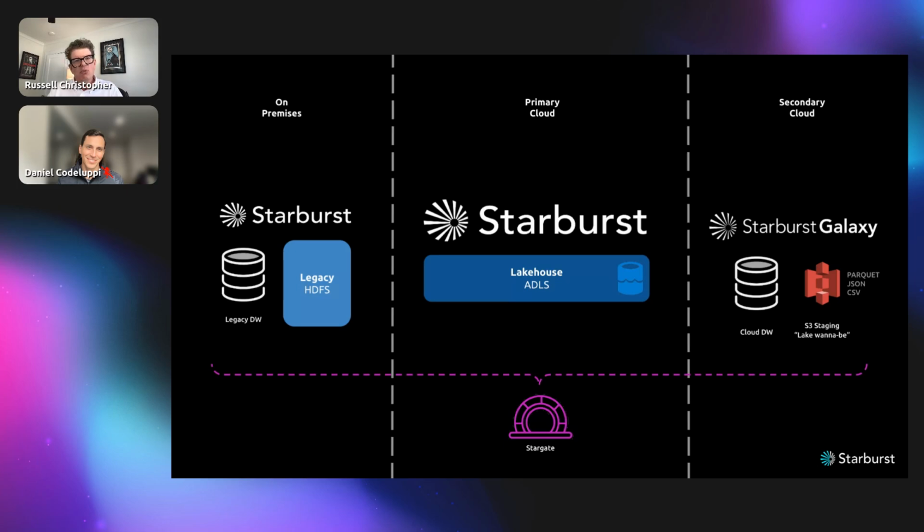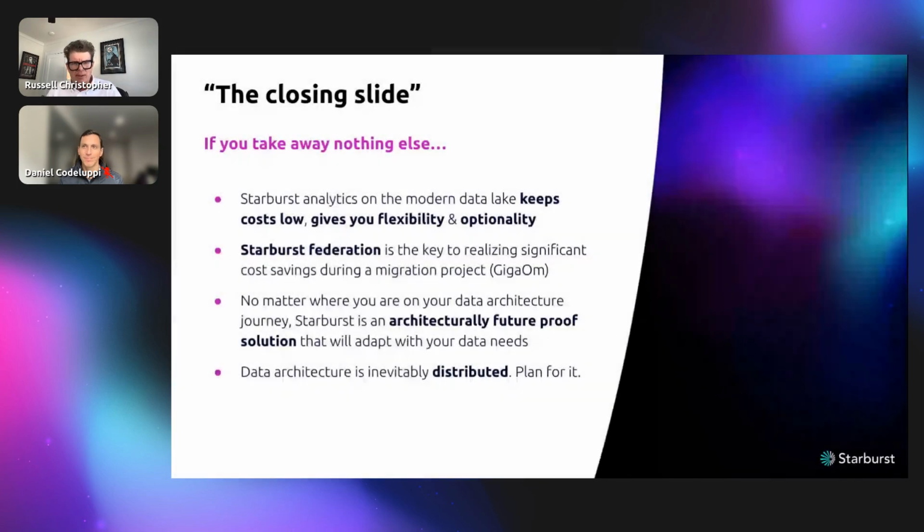So let's move on to the next slide, which I believe, yes, it's the obligatory closing slide. We are legally obligated actually to have a closing slide here. So, if you take nothing away from the presentation but the following, you're probably in a good place. Think about Starburst when you're thinking about cost and flexibility and optionality.